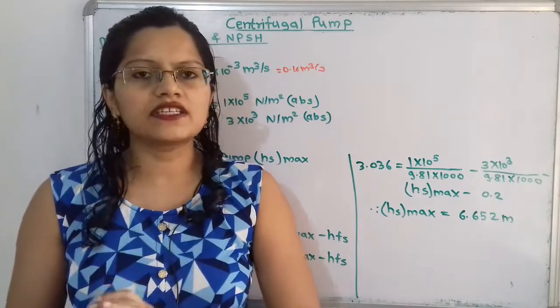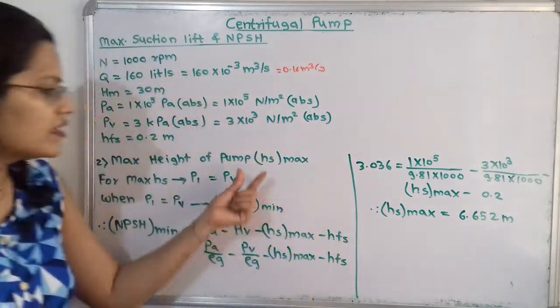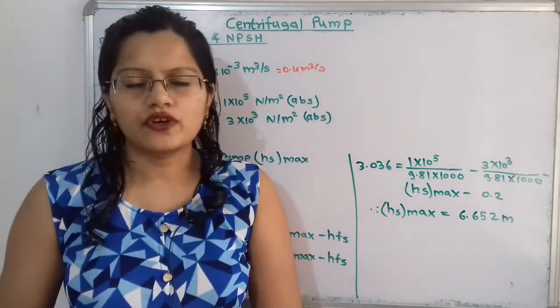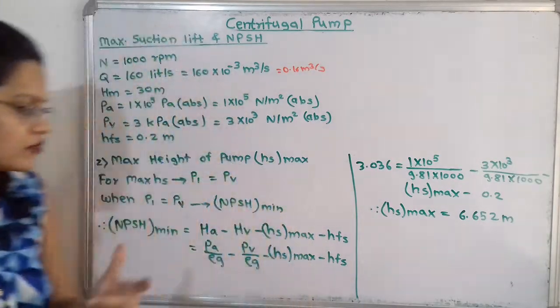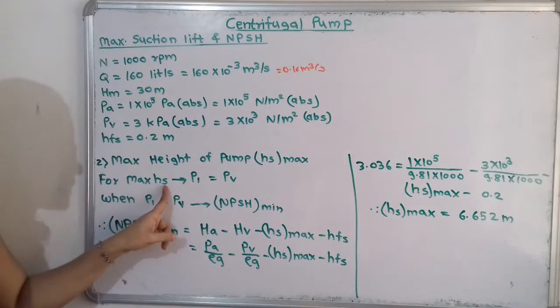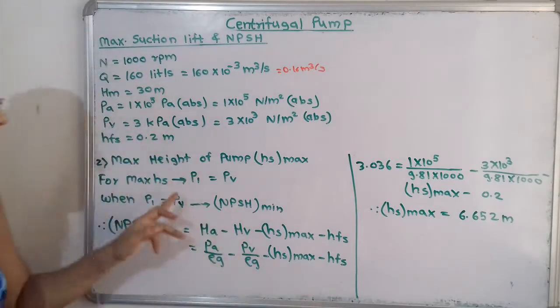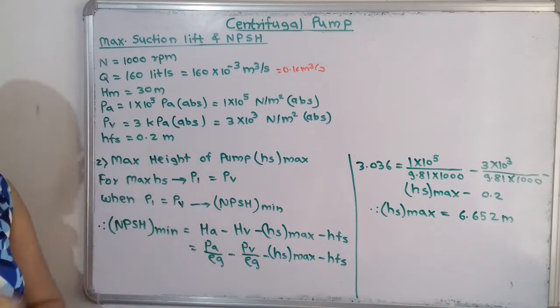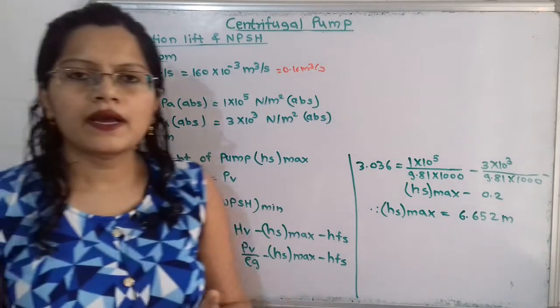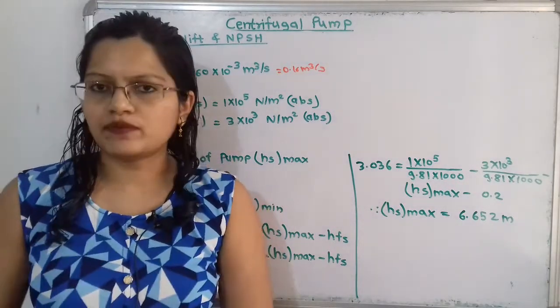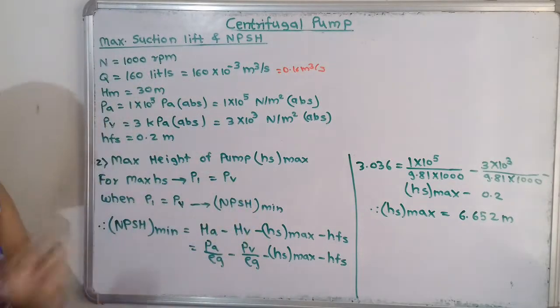Only at this condition will we get HS maximum. So how to write the answer? For maximum suction lift, P1 is equal to PV, where P1 is the pressure at the inlet of the pump and PV is the vapor pressure.